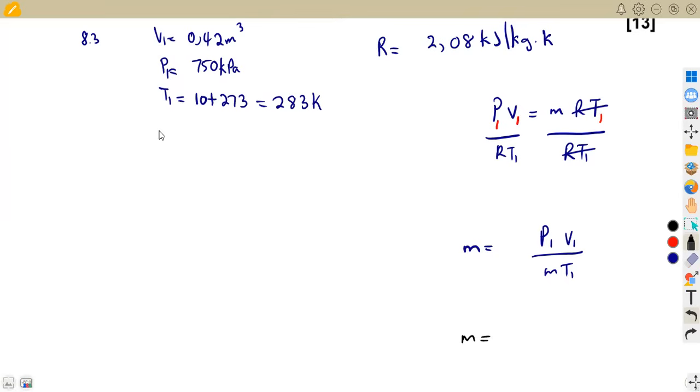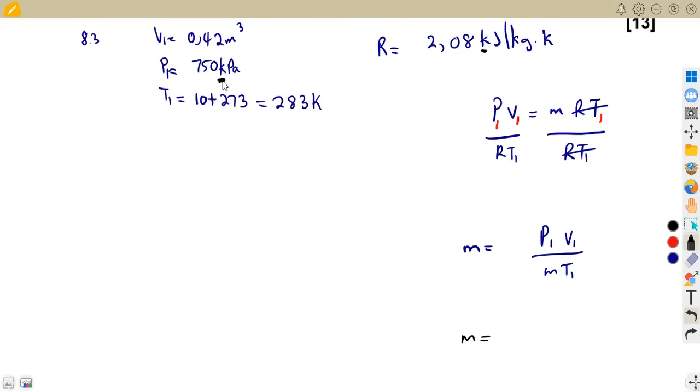And I also want you to take into consideration that if we are given our pressure in kilopascals here, it does not affect our gas constant in kilojoules per kg Kelvin. Instead of changing these kilopascals to normal pascals, we can use this as it is.